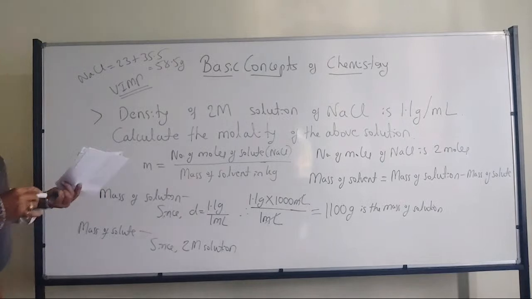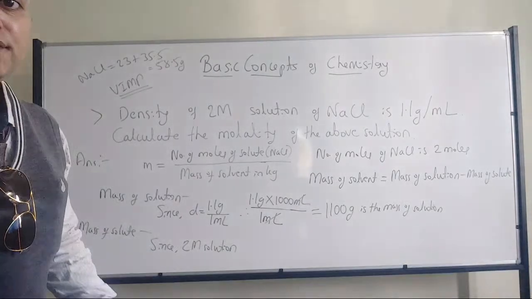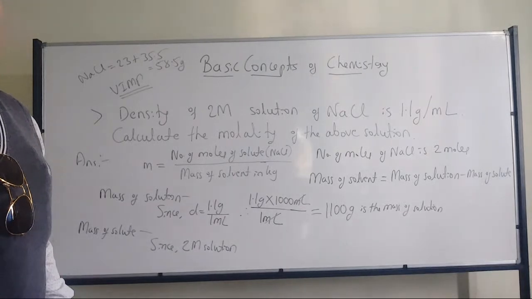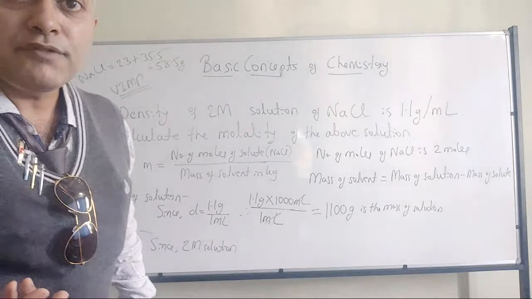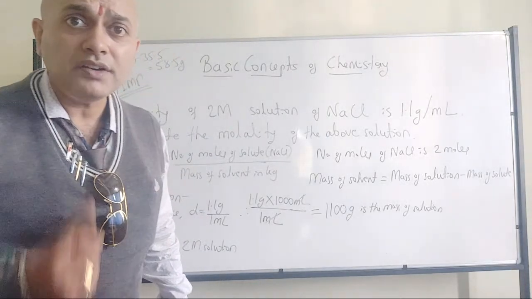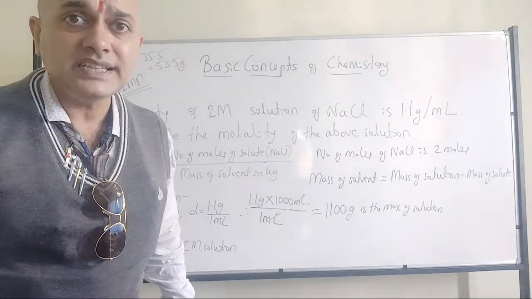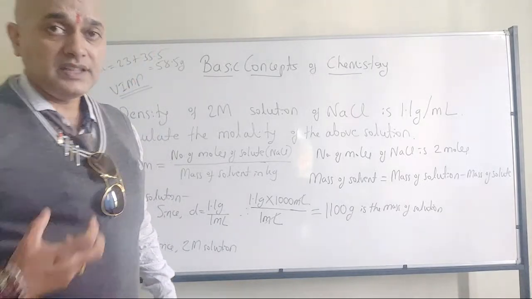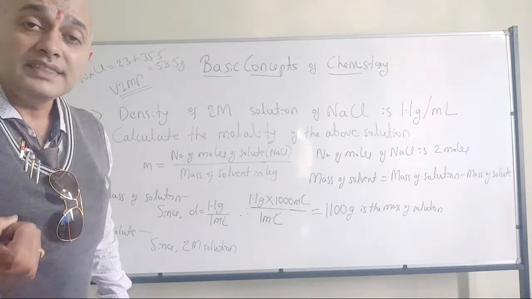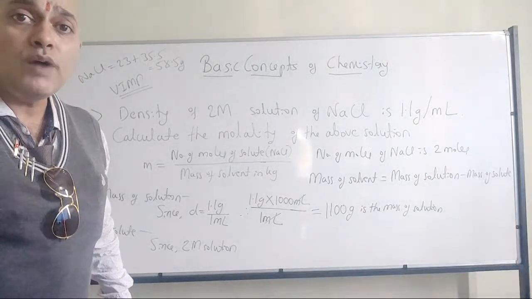So if I take 58.5 grams of NaCl, it indicates I have got 1 mole of NaCl. Absolutely correct. If I take 58.5 grams of NaCl, that corresponds to 1 mole.